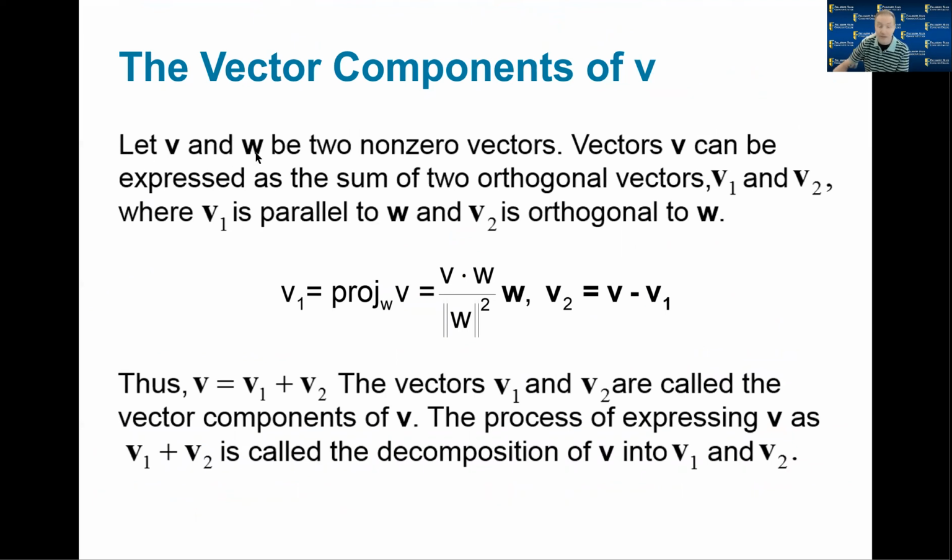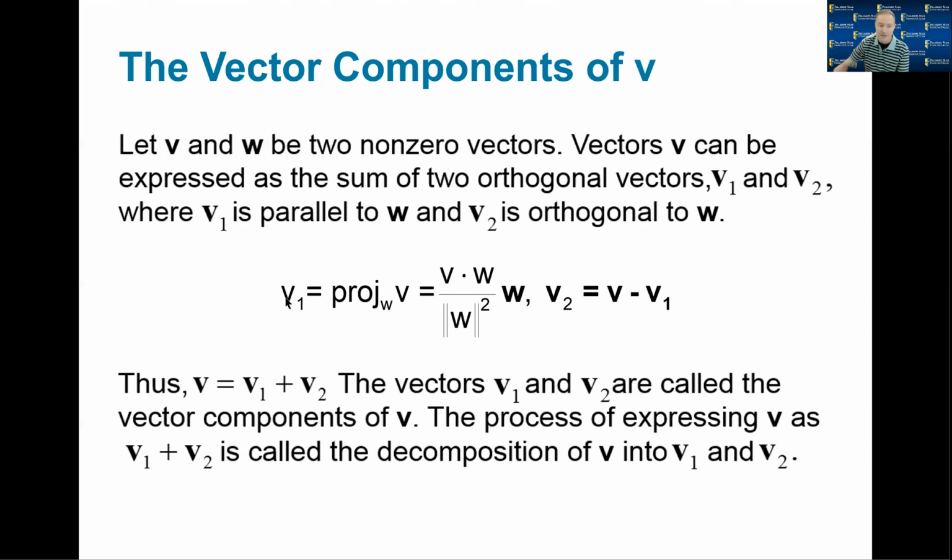Let vector v and w be two non-zero vectors. Vector v can be expressed as the sum of two orthogonal vectors, v1 and v2, where v1 is parallel to w and v2 is orthogonal to w.